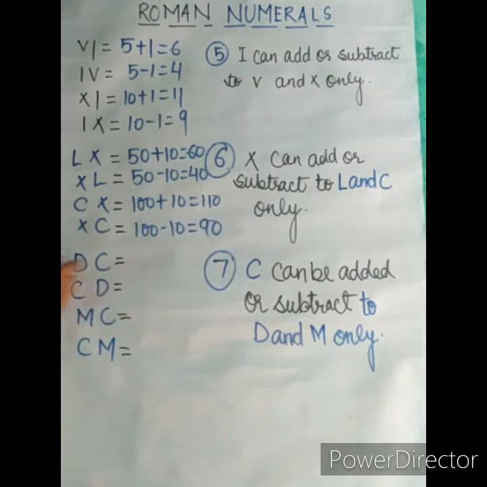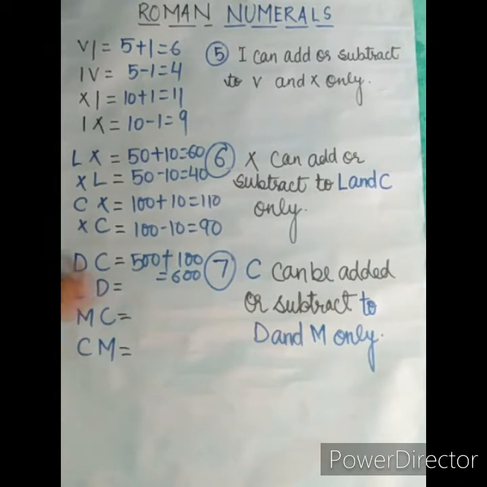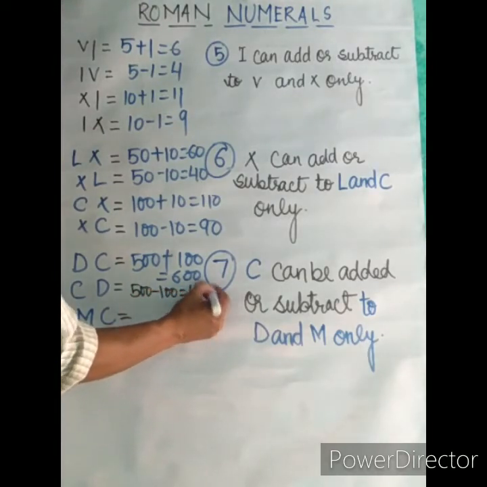D is 500, so 500 plus C, which is 100, gives you 600. Next is CD. D is greater and C is smaller, and C is to the left side, so we will subtract: 500 minus 100 is equal to 400.